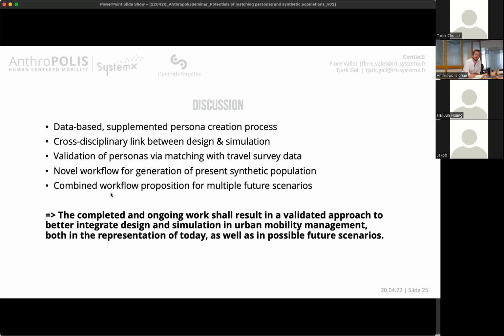And finally, trying to lead to a workflow which we can use in order to develop different sets of personas and synthetic populations for future scenarios. And we hope that this will improve both the design and the simulation part of urban mobility solutions, the design, the testing of different solutions and so on, both today as well as in the future.